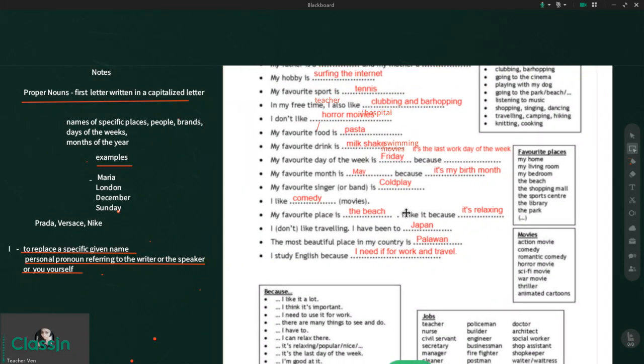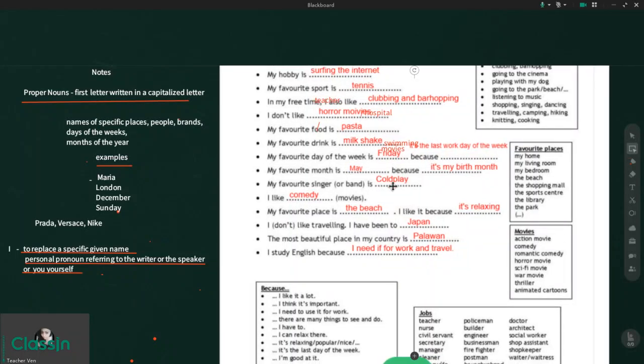In here it's written Coldplay. So again, C is capitalized, as you can see. It's because Coldplay is a specific name of a popular band. So it's written with a capital letter C, and the rest are small letters.